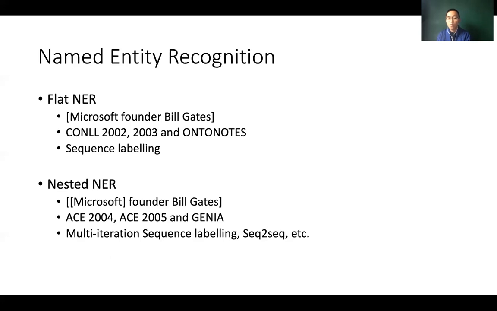This time we give the mentions to the system and ask it to label those mentions, so the system can label Microsoft as a different mention. In this way it works iteratively, and eventually you can label all the nested mentions.